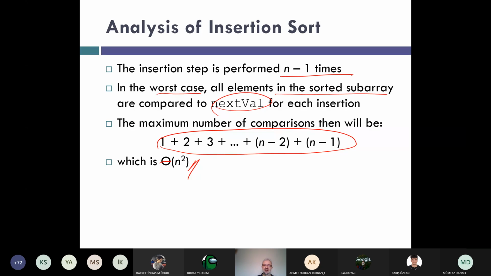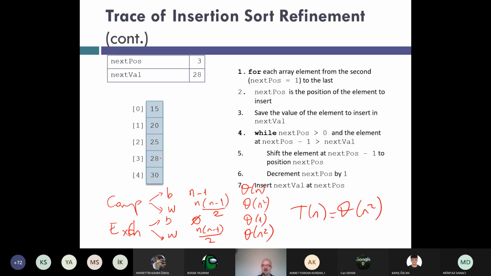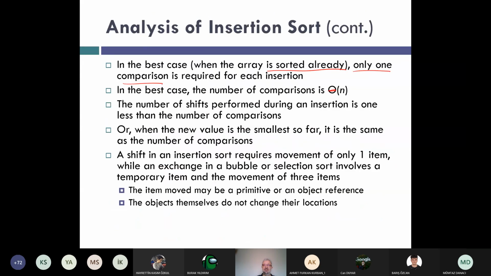And actually, when you look at this algorithm, you perform a shift operation, so a value is copied into another place. But in, for example, bubble sort, we have to exchange two values, right? We compare two consecutive elements and exchange them.